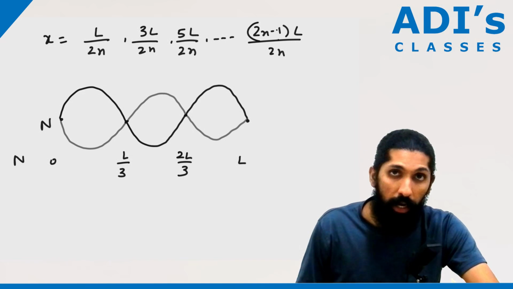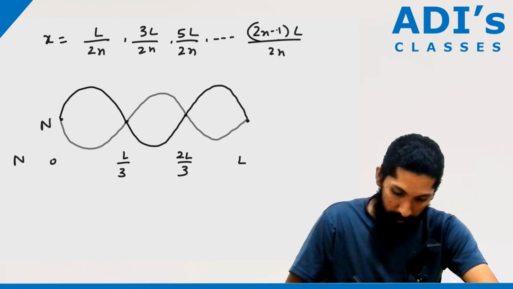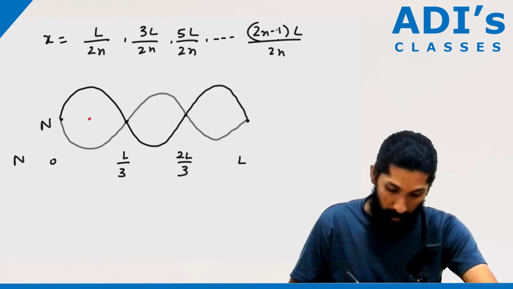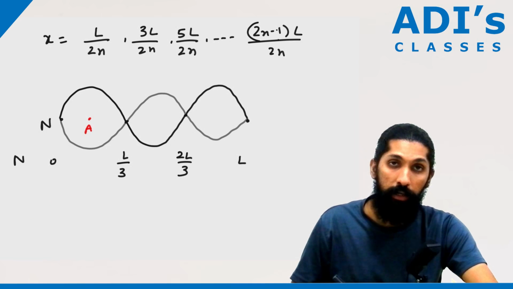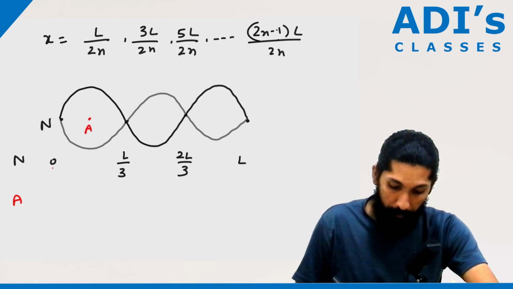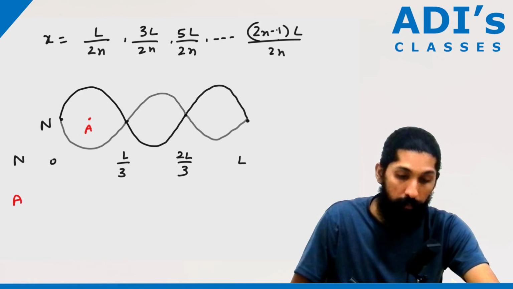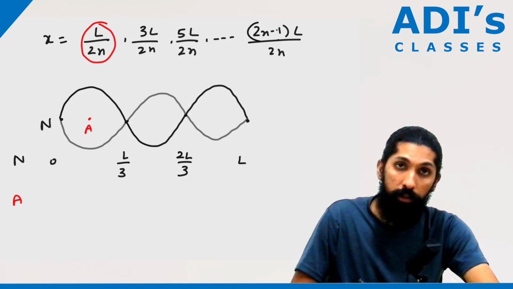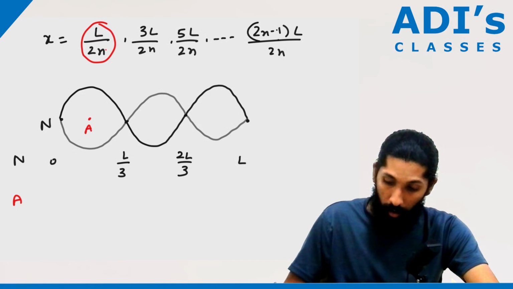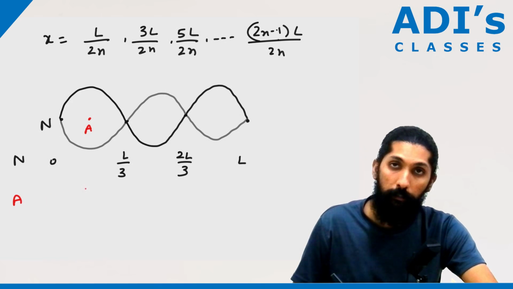Now, how many antinodes are there? There are 3 antinodes, isn't it? So, this is the first antinode A. When you talk about the position of the antinode, it's going to be the average of 0 and L by 3, isn't it? If you apply the same thing in this formula, L divided by 2 into 3, which is L by 6. So the first one is going to be L divided by 6.